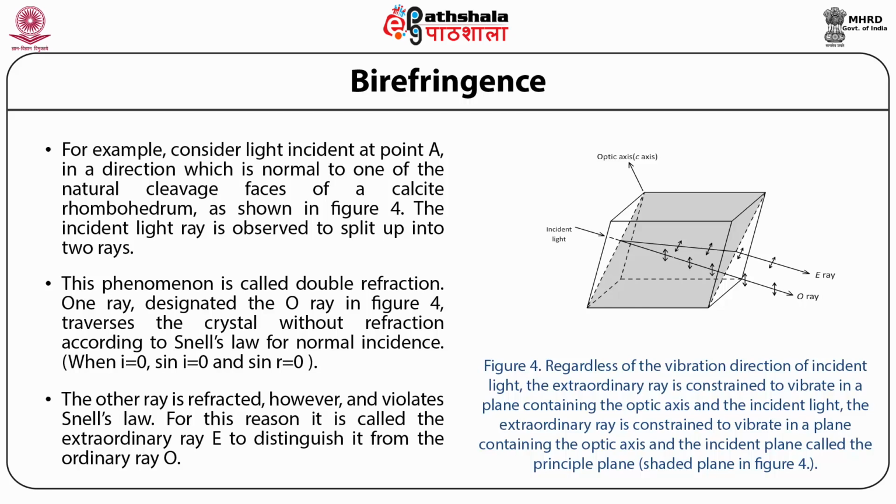For this reason, it is called the extraordinary ray E to distinguish it from the ordinary ray O. Regardless of the vibration direction of incident light, the extraordinary ray is constrained to vibrate in a plane containing the optic axis and the incident light. This plane containing the optic axis and the incident light is called the principal plane, the shaded plane shown in figure 4.